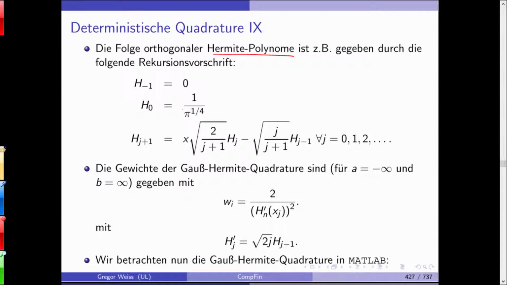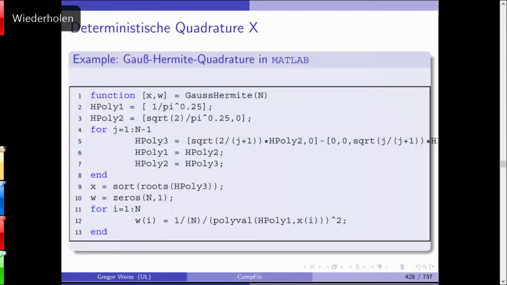These are the weights, and then of course you need the zeros of those Hermite polynomials to calculate the nodes. So let's do this here. First of all, in MATLAB we try to construct those polynomials. H poly 1, H poly 2, you can see these are just the first two polynomials.